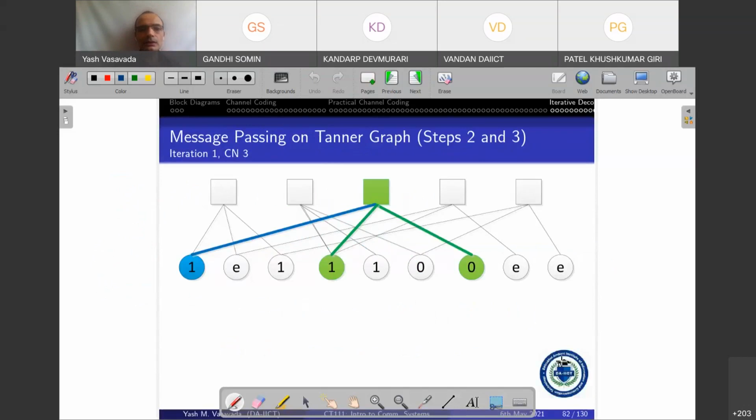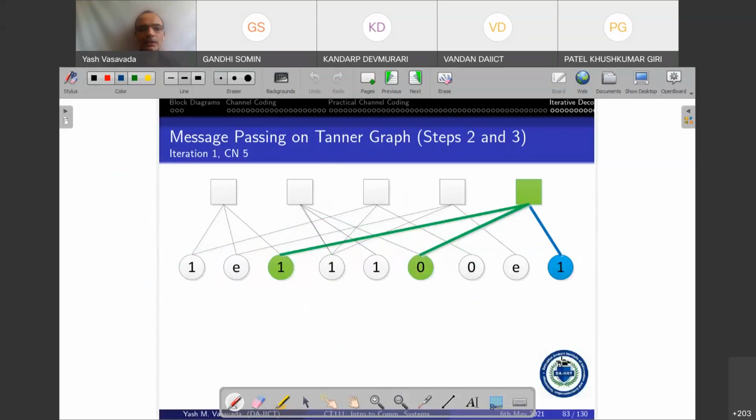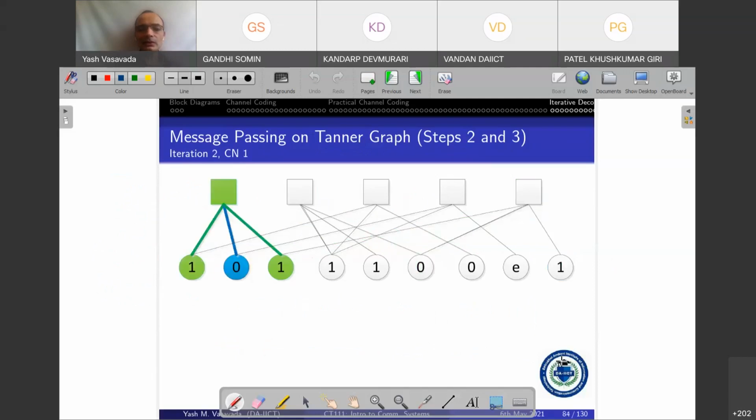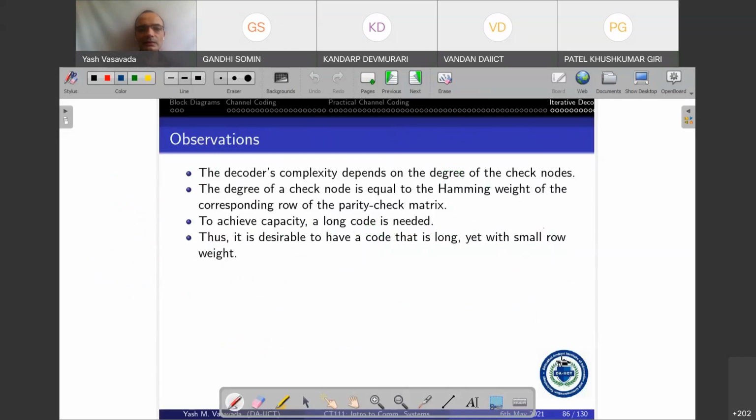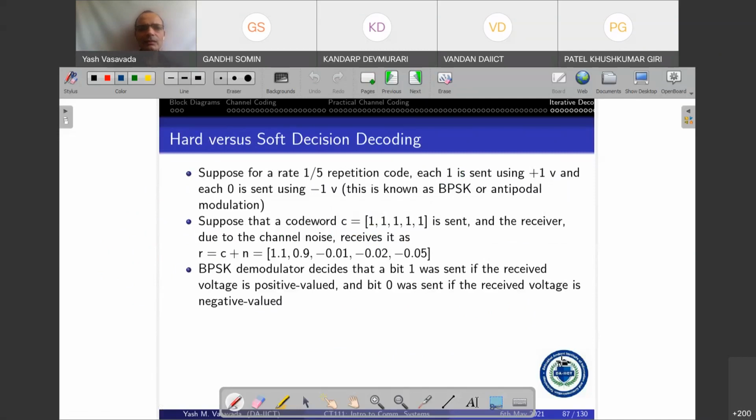Okay, then the last thing that I want to mention about these iterative algorithms, we will go to this observation later on, is this hard versus soft decision decoding. What we have done so far is known as hard decision decoding. As a conceptual algorithm, it is a good algorithm.